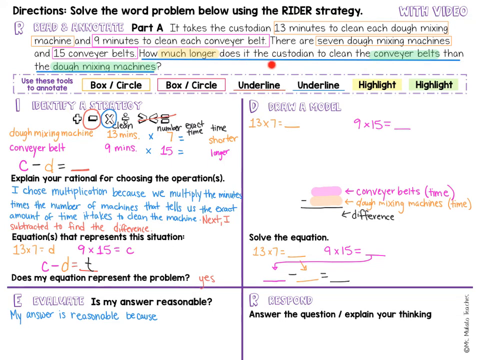It takes the custodian much longer to clean the conveyor belts than it takes to clean the dough mixing machines. Go ahead and write your answer in the quadrant that says R. Pause the video so that you can write down your answer on your paper.